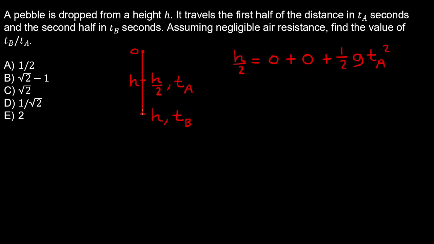And similarly, we take our initial position of 0, so when the pebble ends up at height h, we have h is equal to 0 plus the initial velocity by time plus 1/2 by the gravitational acceleration by ta plus tb squared.